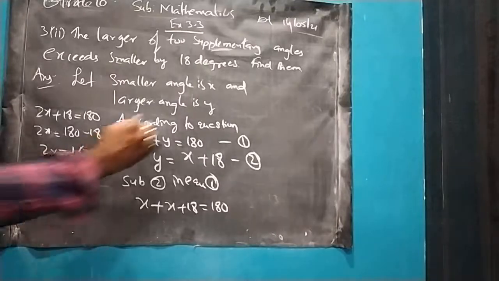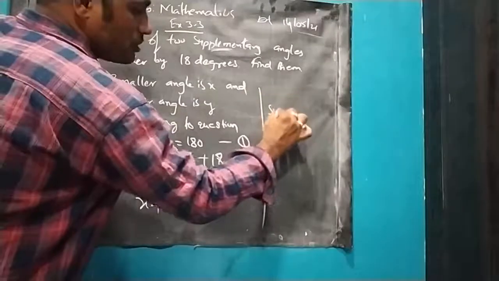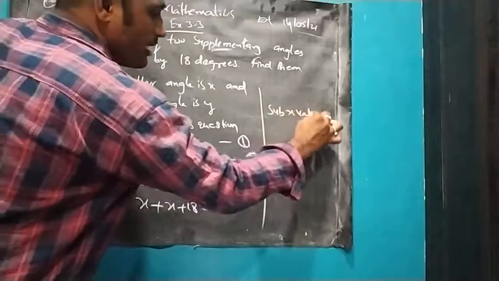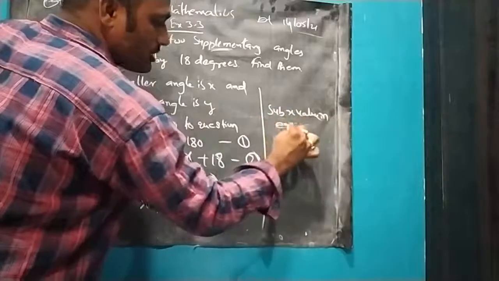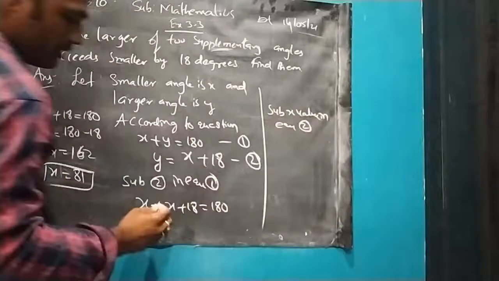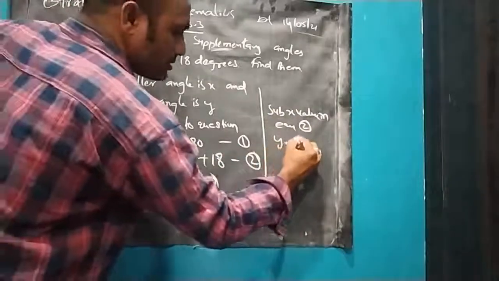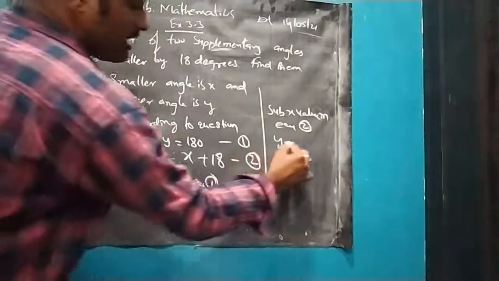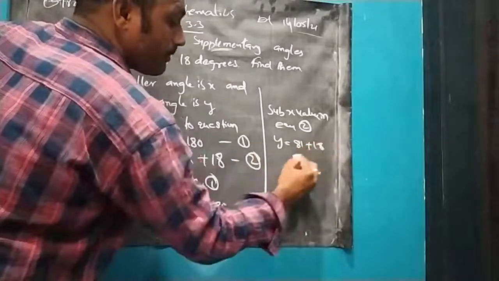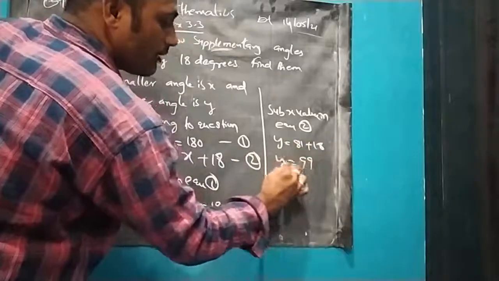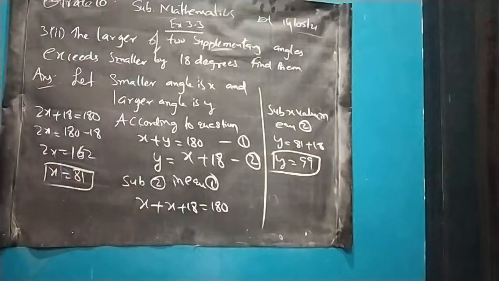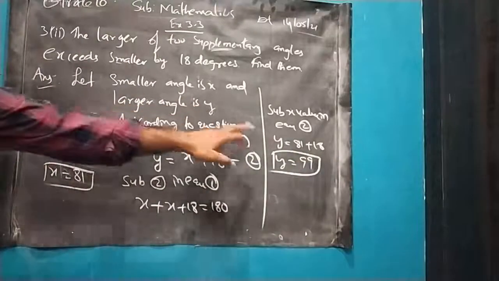Now substitute the x value in equation 2. What are we going to get? Y is equal to 81 plus 18. That is 99. Y value is how much? 99. So what is the larger angle here? 99.